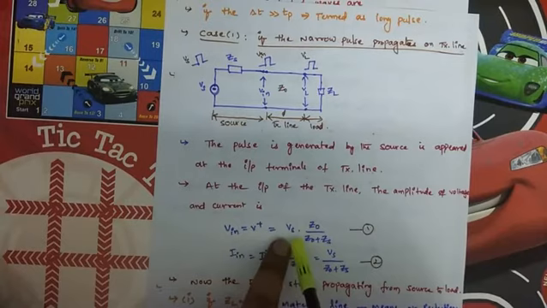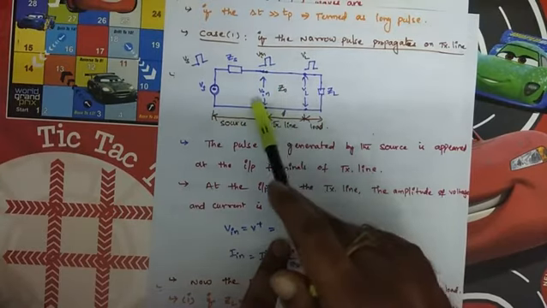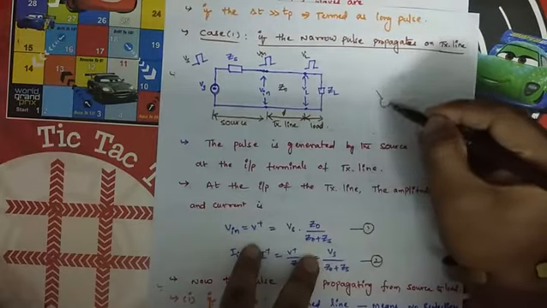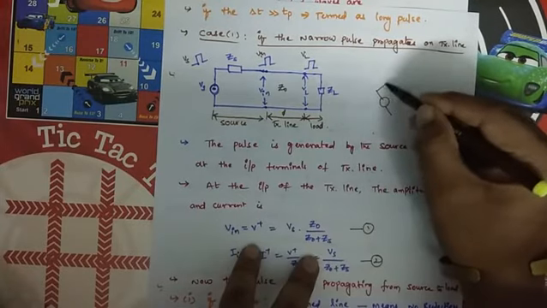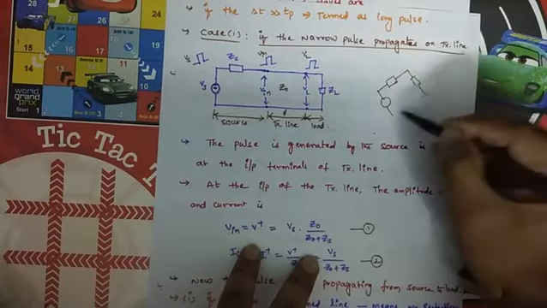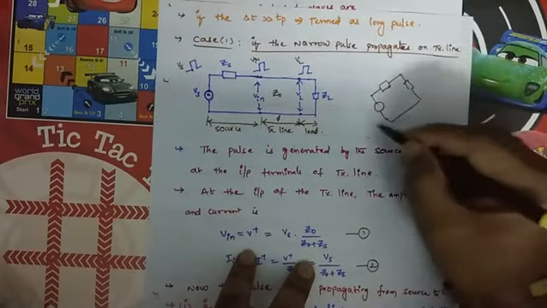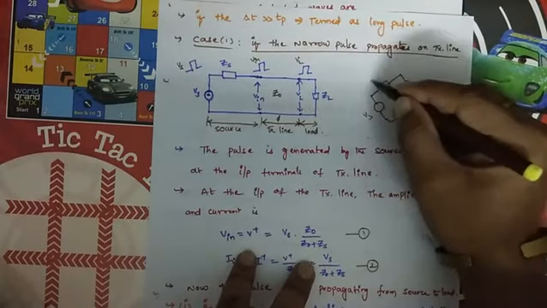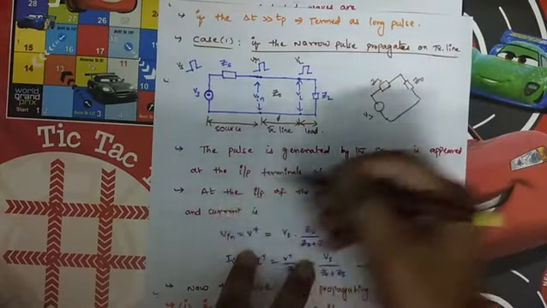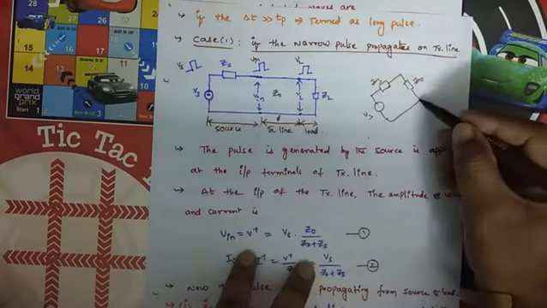By using the voltage division technique, with the source Vs, source impedance Zs, and Z0, this is the equivalent circuit at the source end.